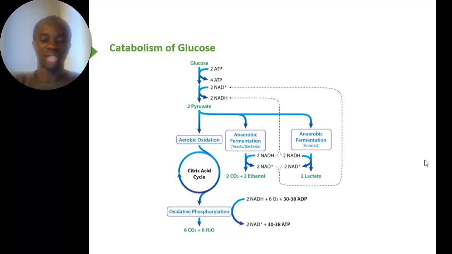The pyruvate enters into this cycle through acetyl-CoA. That molecule is not shown here, but note that pyruvate is changed to acetyl-CoA before entering into the TCA cycle.